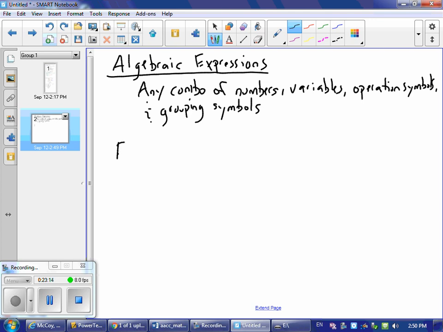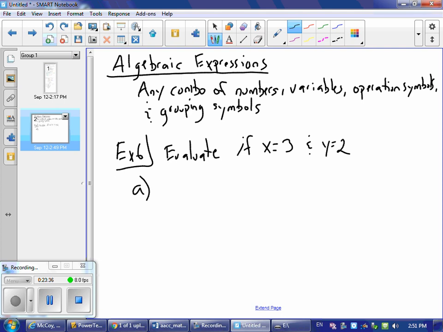So for example, if I want to evaluate the algebraic expression, if x equals 3 and y equals 2, my algebraic expression is 2x minus y. If I want to evaluate that algebraic expression, it simply means to substitute or replace the x with a 3 and replace the y with a 2.